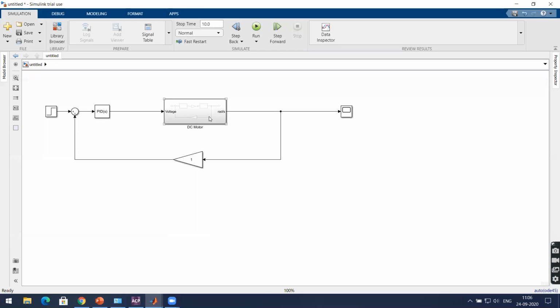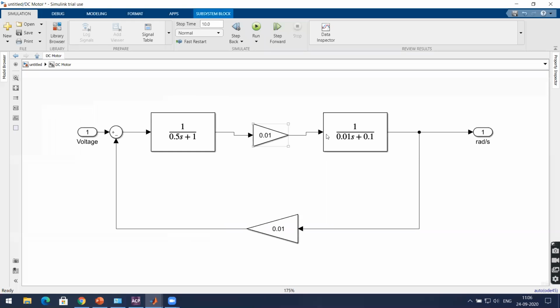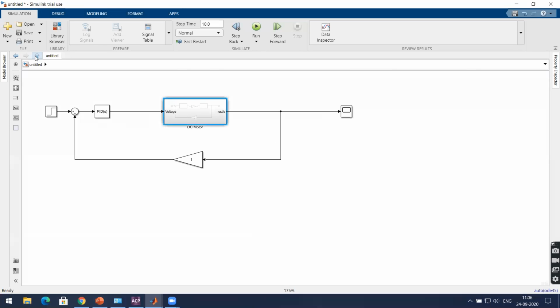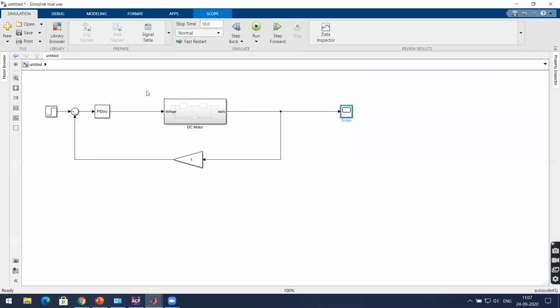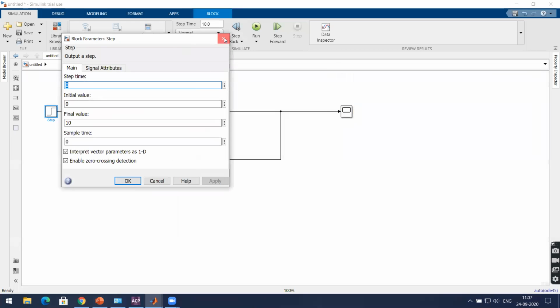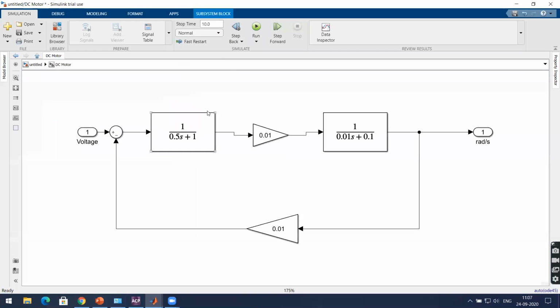Suppose you don't want to see these things, you can use something like this and say this is a DC motor, and I can have a PID controller. When you want to look at the details, you can go into this motor and see how it is made.